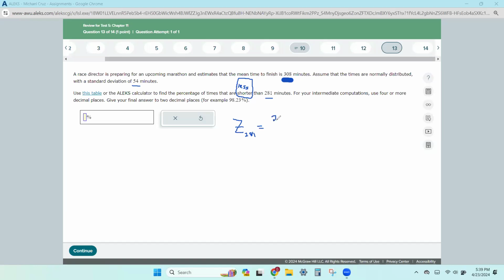So that's going to be 281. The value always comes first that you're looking for. You subtract the mean. And then we divide by 54.